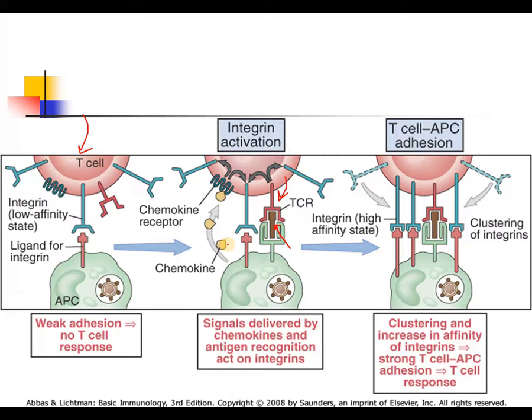The signals will provide a change in the affinity of that integrin, the LFA1, so it becomes a high affinity state integrin, illustrated here, and it will bind its ligand, which is ICAM1, on the antigen presenting cell, and you'll get that association to go on for days.